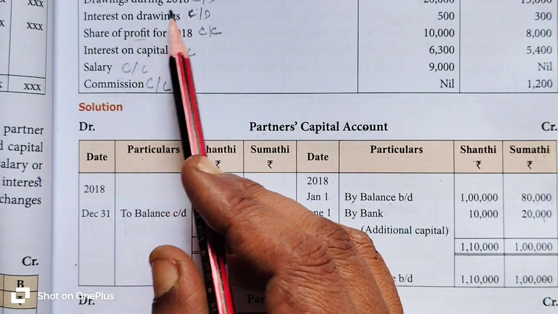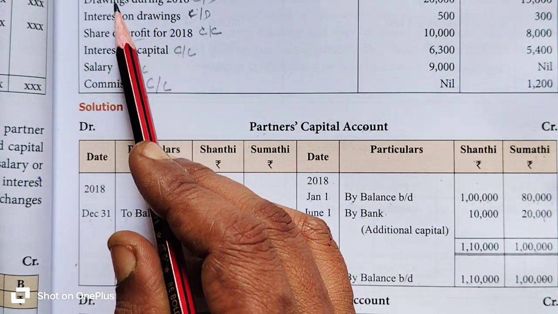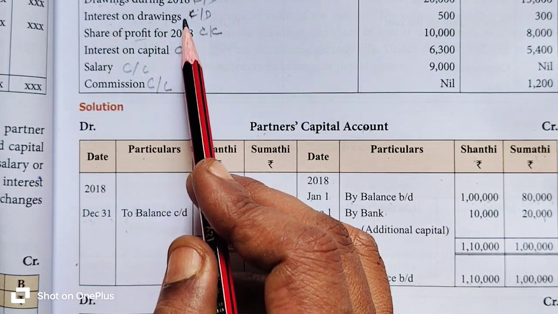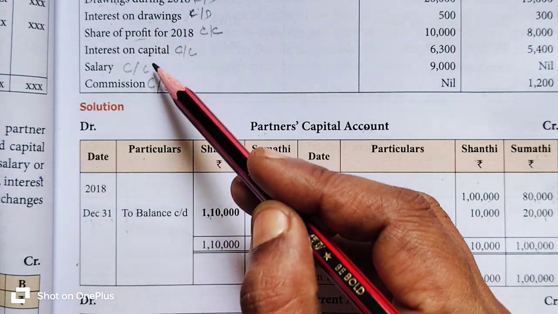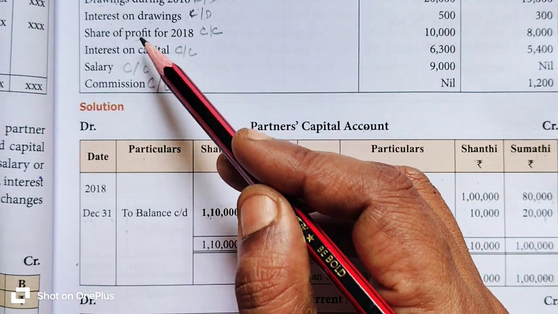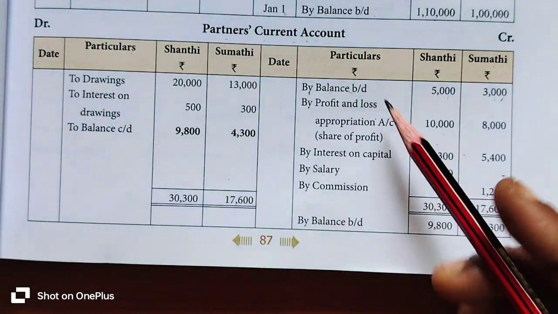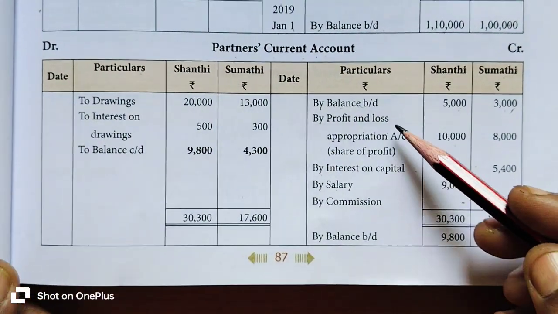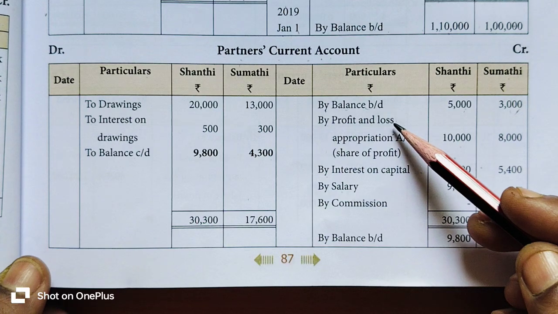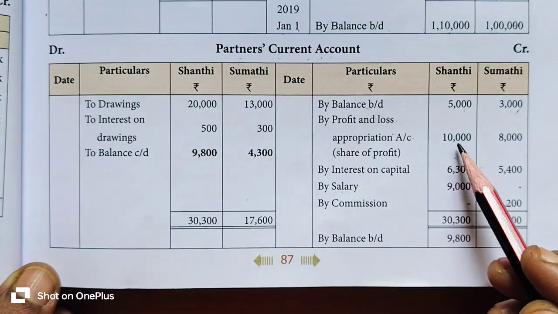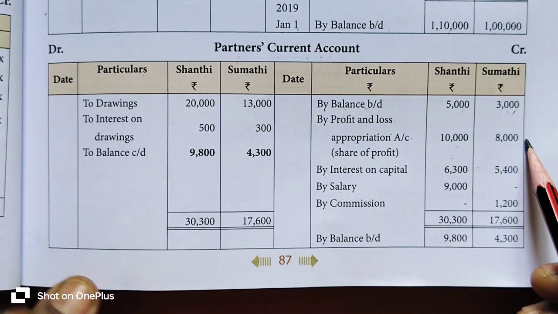According to that, drawings during the year will appear on the debit side of the current account, and interest on drawings also on the debit side. The rest of the items, share of profit, interest on capital, salary, commission, will appear on the credit side of the current account. Share of profit, you write by profit and loss appropriation account 10,000, 8,000 accordingly.